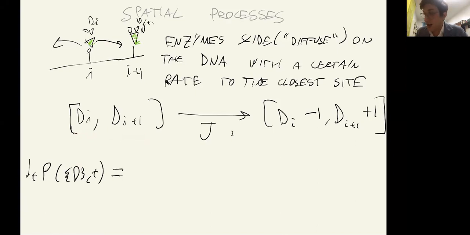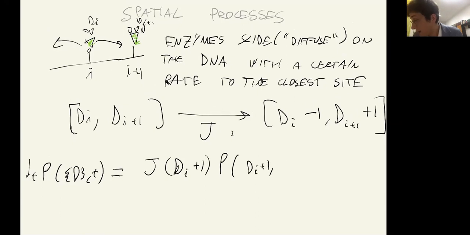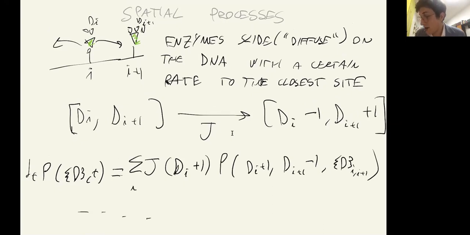So if we look just at this jump, this will happen with a rate J. And here we will get again di plus 1. Then we will get P of di plus 1, di plus 1 minus 1, and that's actually d excluded I plus 1. And then you have the loss term again, and then here again you have the sum over all I. This is for the jump to the right, and then you have a very similar one for the jump to the left.